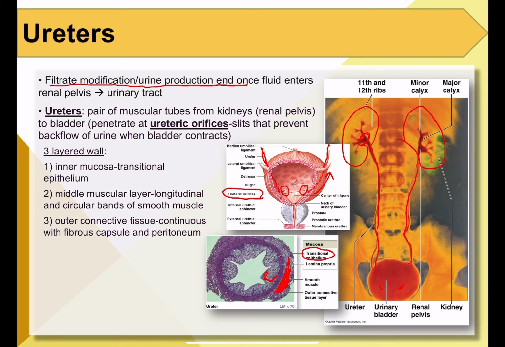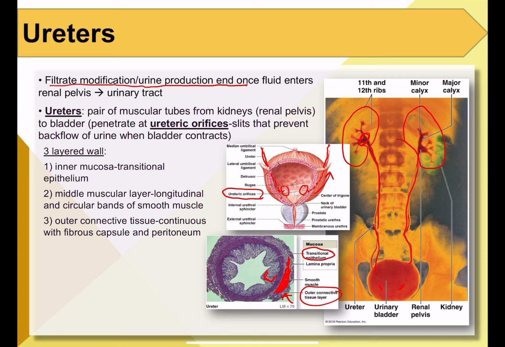Just like your esophagus, remember we talked about that, it has longitudinal and circular bands of smooth muscle that allow for peristalsis of the urine. And then you have the outer connective tissue layer right there.